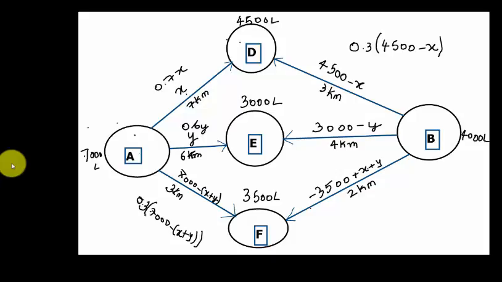It is 0.4 into 3,000 minus Y. And what about the transportation cost here? It's 0.2 into minus 3,500 plus X plus Y. Now that's my transportation cost.